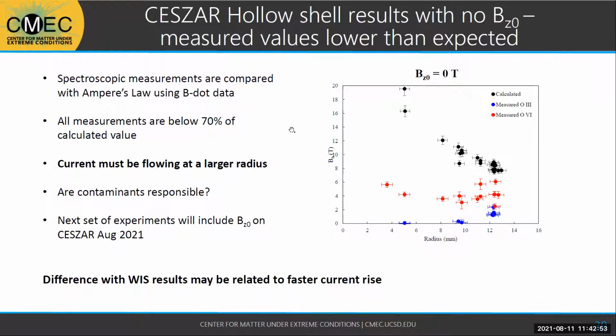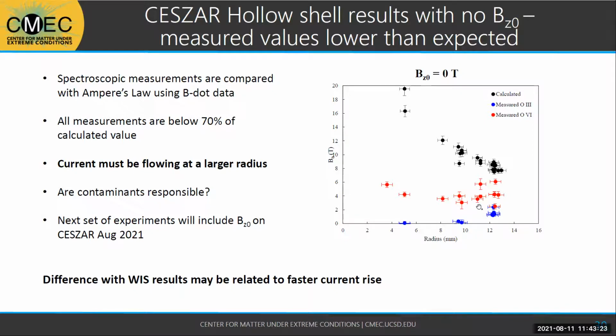So first, going over the results from the hollow shell implosions. What we basically found was that, and again, this is azimuthal field plotted against the radius, we didn't really reproduce well what the results were found at the Weizmann Institute, even without the axial magnetic field.